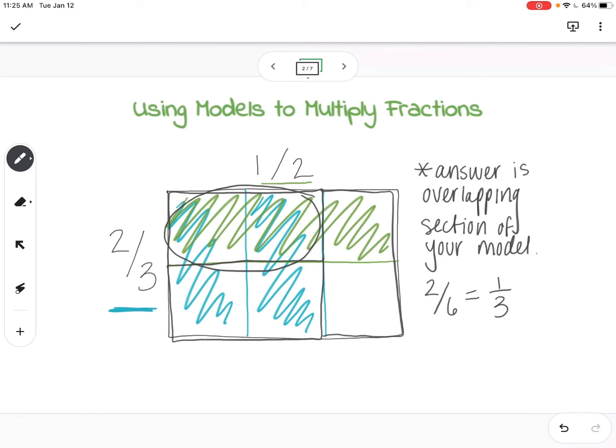Therefore, 2 out of 6 is the same as 1/3. In the next slide, I'm going to show you how that is the same as just using the rules to multiply as well. So one way you can multiply fractions is by using models. You would draw each part of the model and then your answer would be the overlapping section of your model. So there is one strategy you can use.